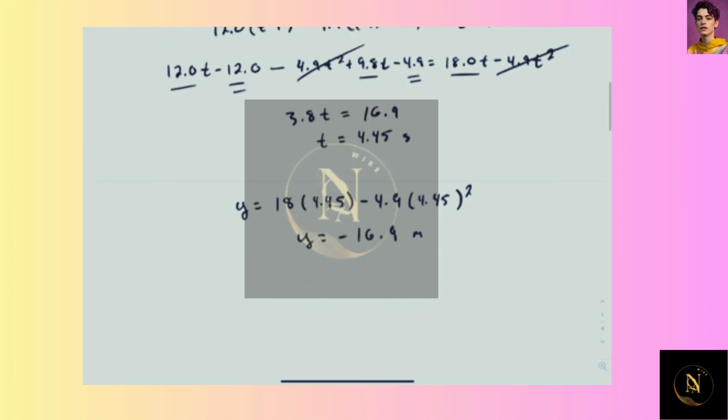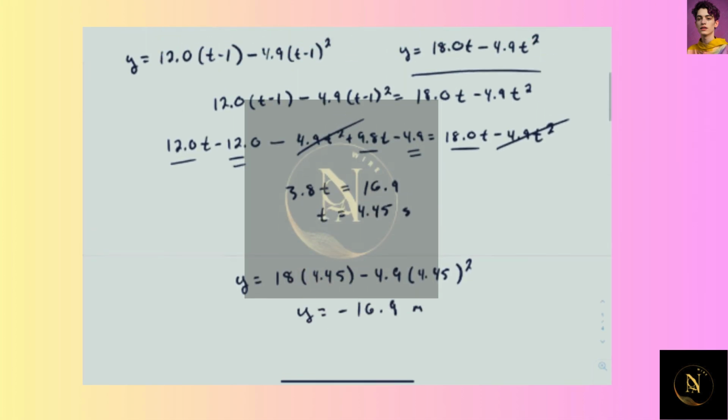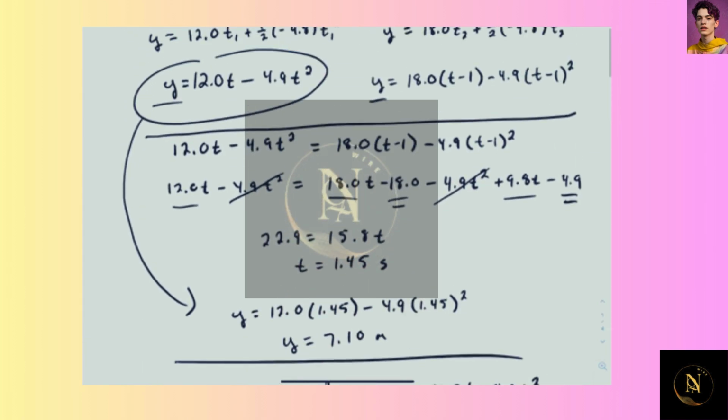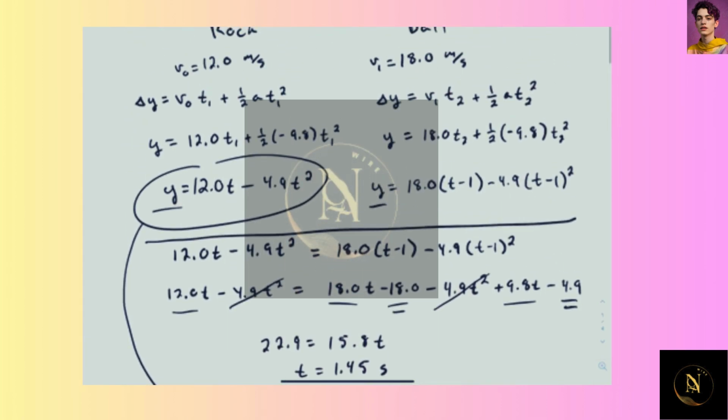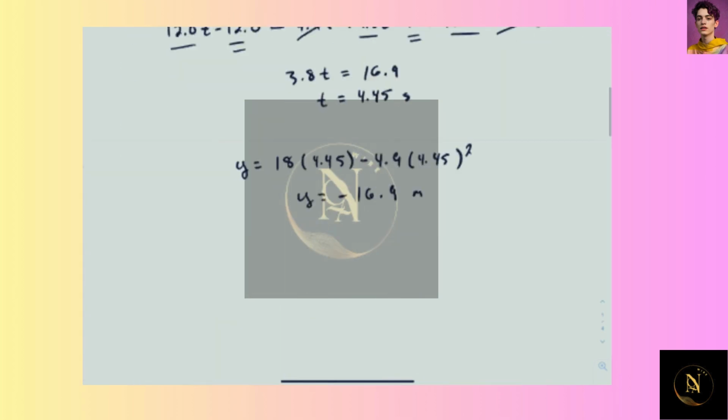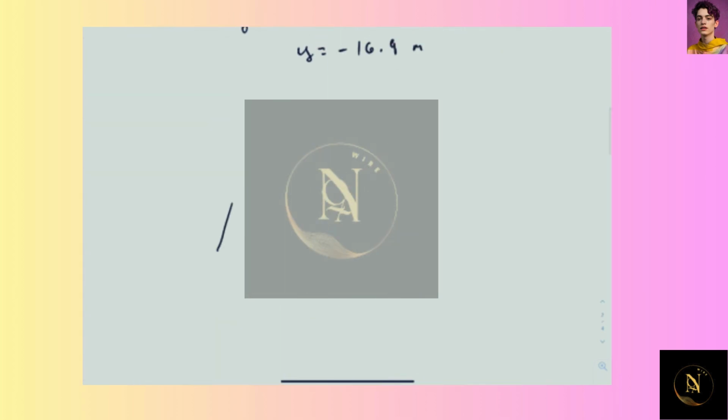And this means that since the ball is thrown first, the ball has the initial velocity of 18. If the ball is thrown first, and then a second later the rock is thrown, the rock will actually come down and hit the ground before the ball has to collide with it.